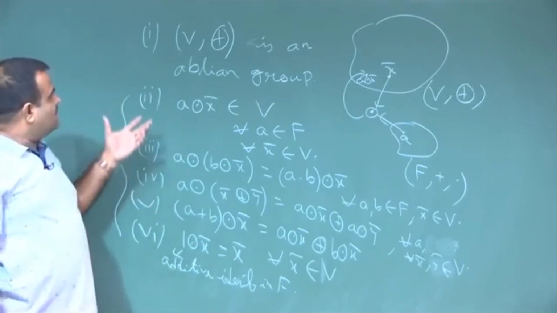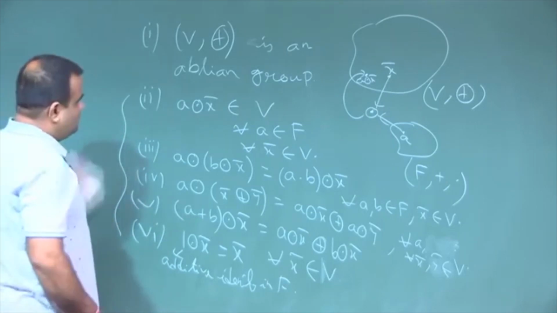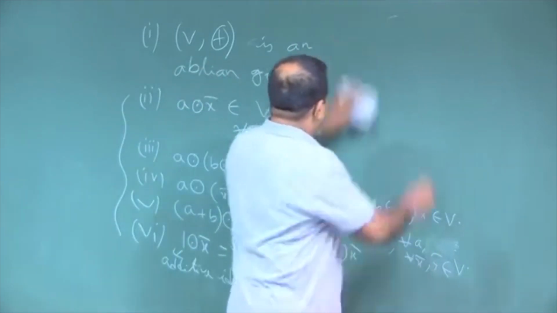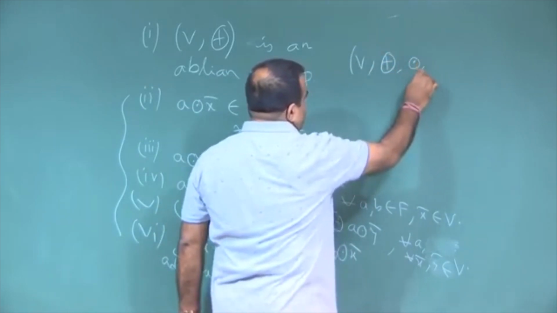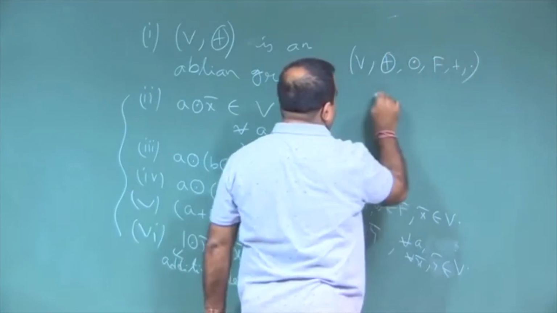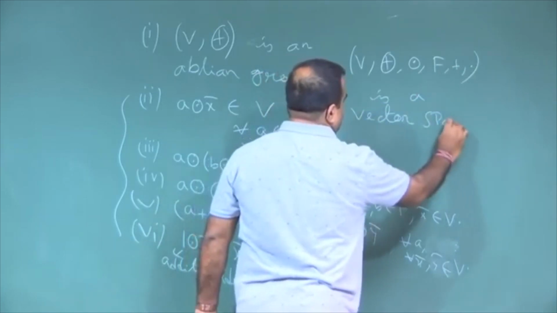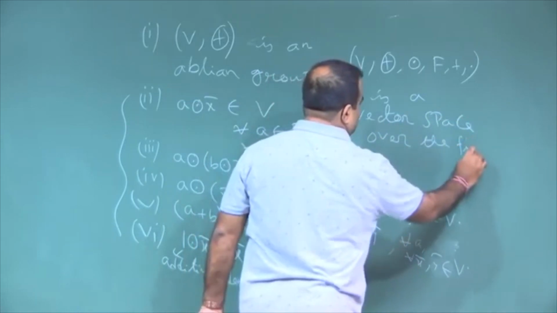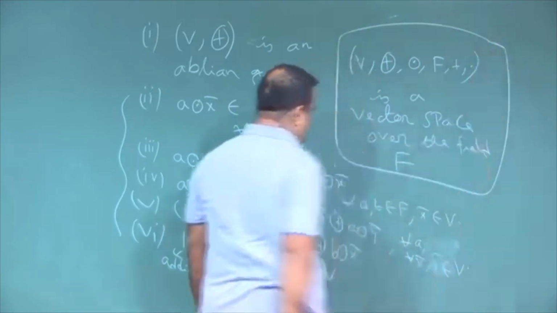Then we say this algebraic structure V along with this F forms a vector space over the field F. So, this is the definition of vector space.